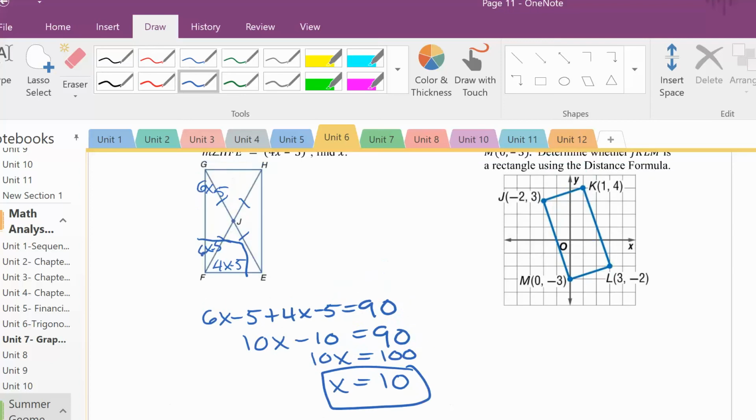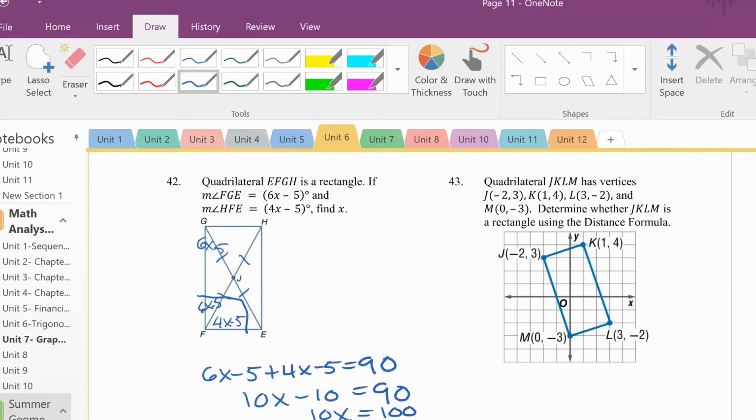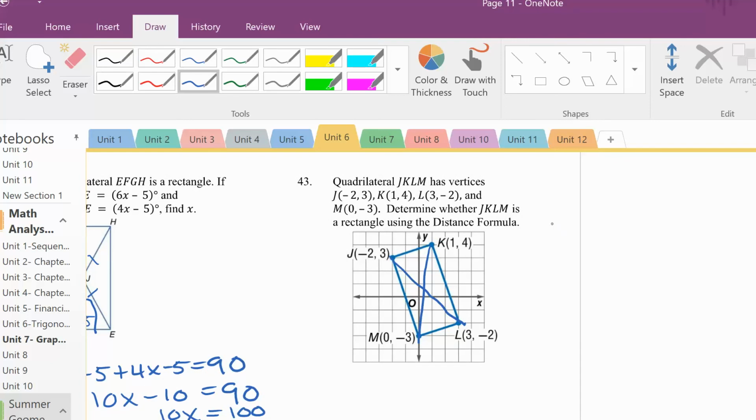All right, the next one, quadrilateral JKLM has vertices, and it gives you them. Determine whether JKLM is a rectangle by using the distance formula. Well, to use the distance formula, you would want to prove that the diagonals are congruent. So you would want to prove that JL is equal to KM.